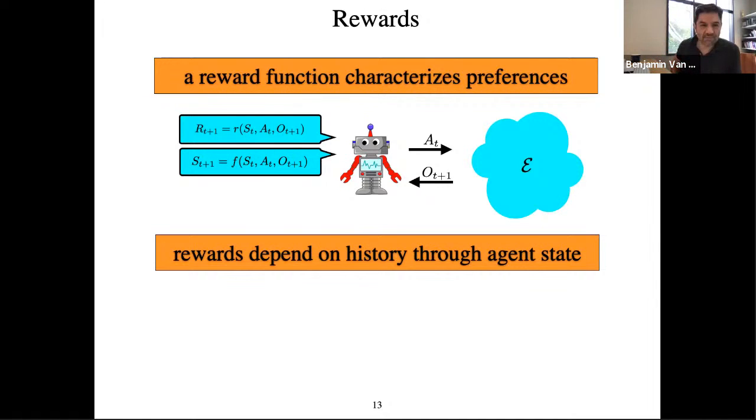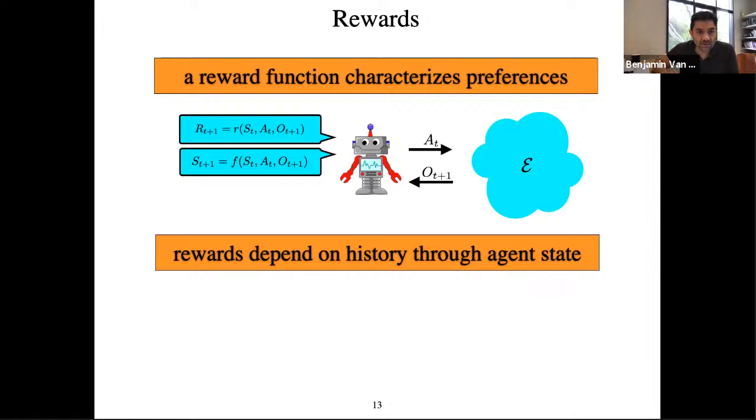And it's going to do that through a reward function, R, that assesses reward based on the current aleatoric state, the current action, and the realized observation. Okay, and as I discussed earlier, the aleatoric state is updated by this function f. All right, so all of this is going on in the agent's mind. It has nothing to do with the environment necessarily.